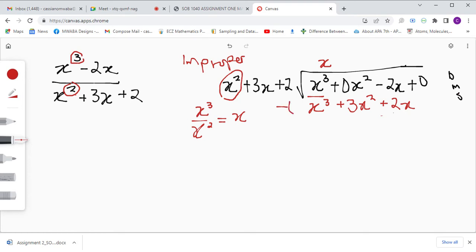X cubed minus x cubed, we get 0, so it's gone away. 0x squared minus 3x squared, we get negative 3x squared. Negative 2x minus positive 2x, we get negative 4x.